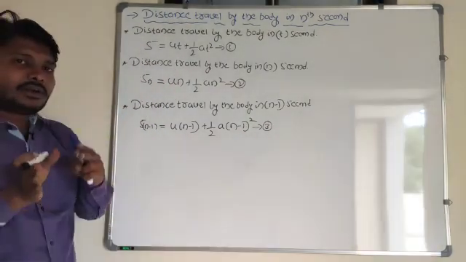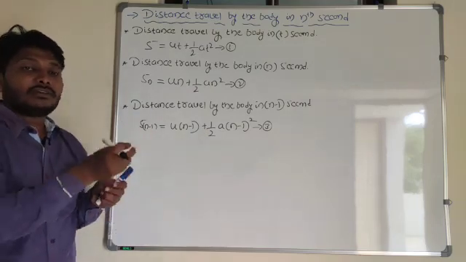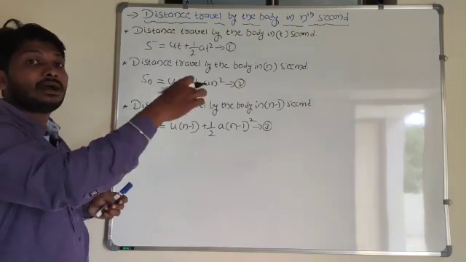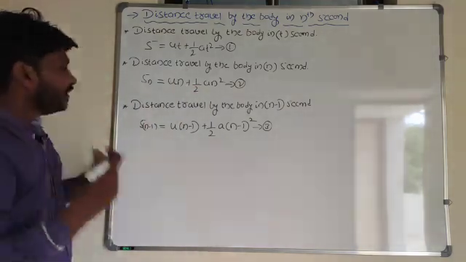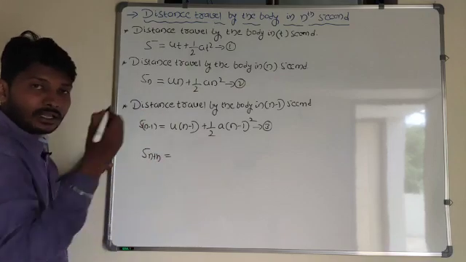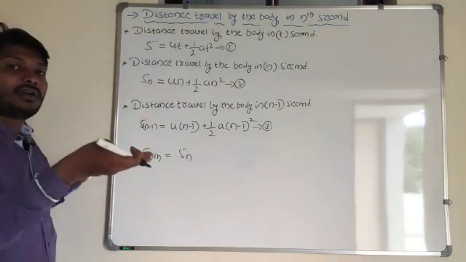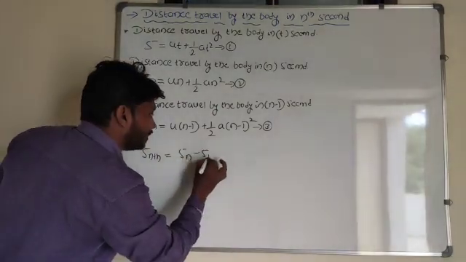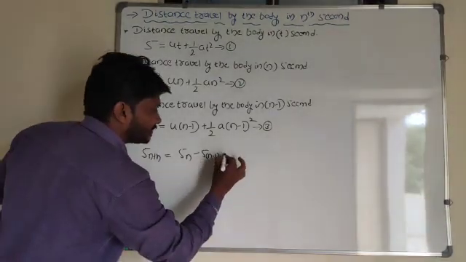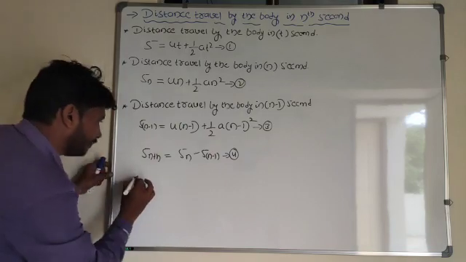In order to find the distance traveled in the nth second, what I did here: distance traveled in the 4th second is equal to the distance traveled by the body in 4 seconds minus the distance traveled by the body in 3 seconds. In the similar aspect, the distance traveled by the body in the nth second is equal to the distance traveled in n seconds minus the distance traveled in n minus 1 seconds. I will make this equation 4 here.